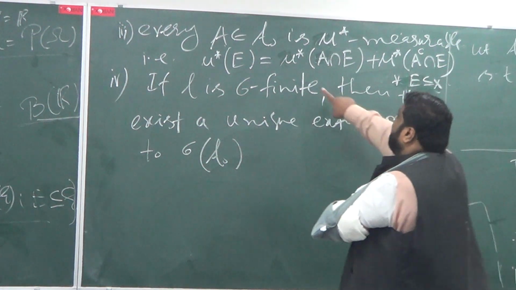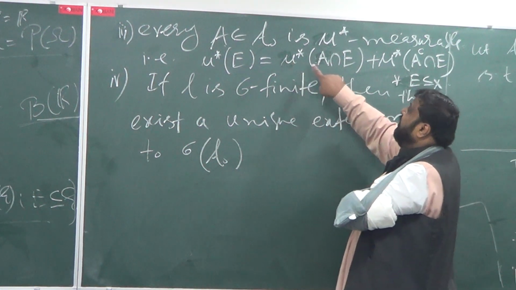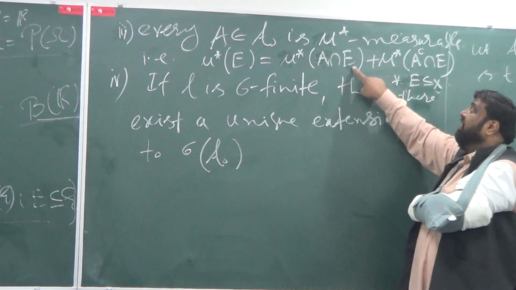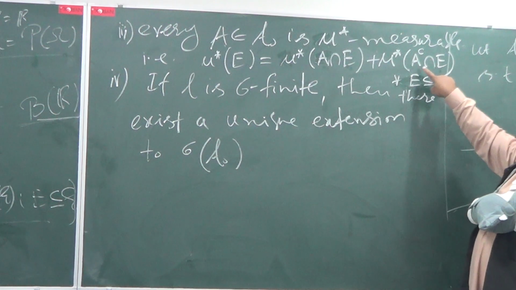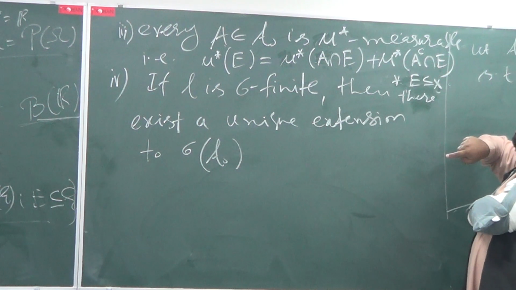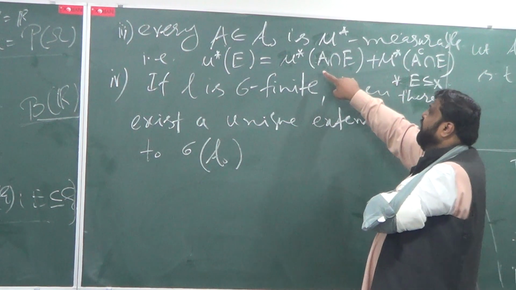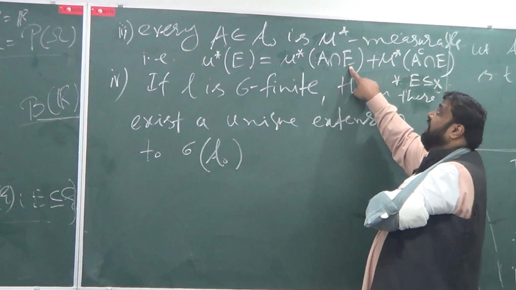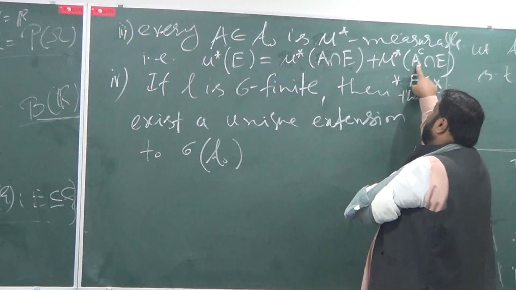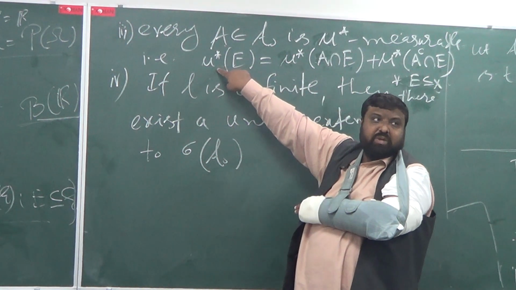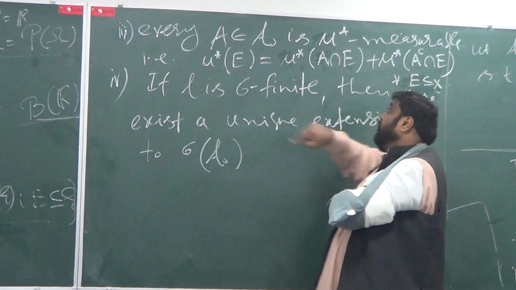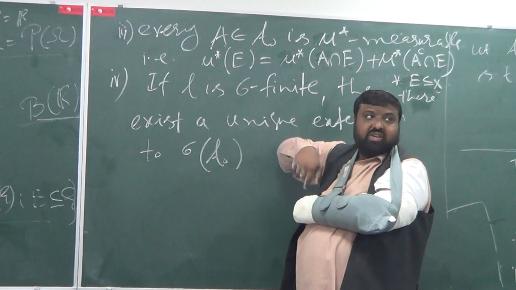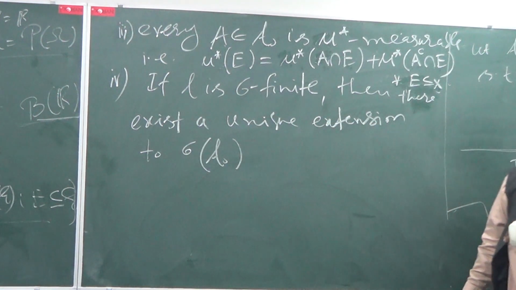If you compute the mu star measure of E inside A and outside A, it should give you the whole measure of E. If this is true for all E, then you call this set good, so it's mu star measurable. Are you getting the point?